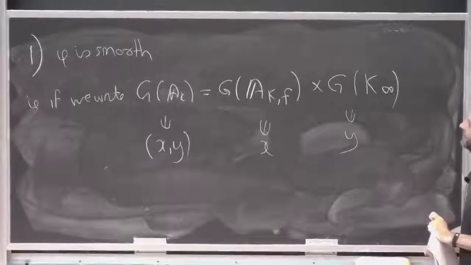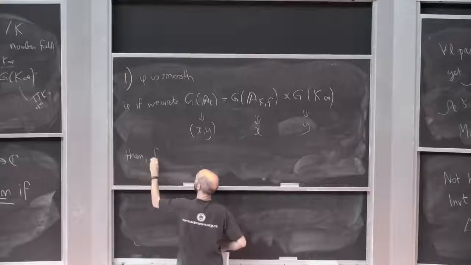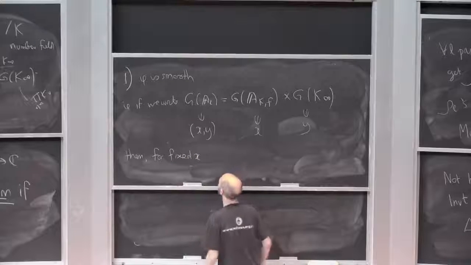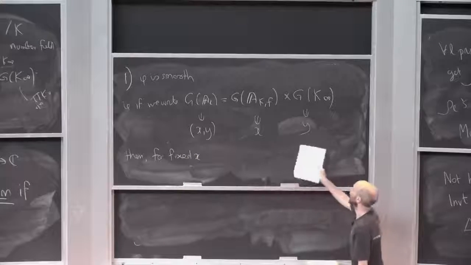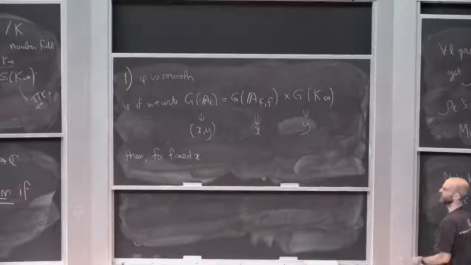If we write G of AK like that, then I can regard phi as a function of two variables, x and y. Then for fixed x, this is just a function of y, and y is in this Lie group, which is like GLN of the reals.